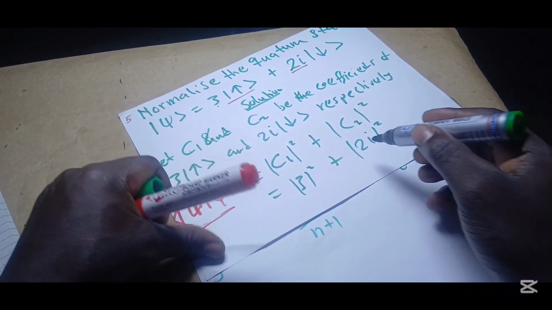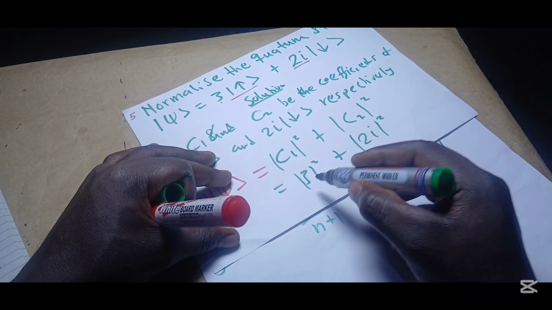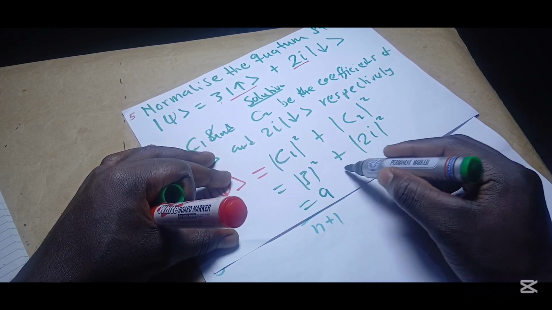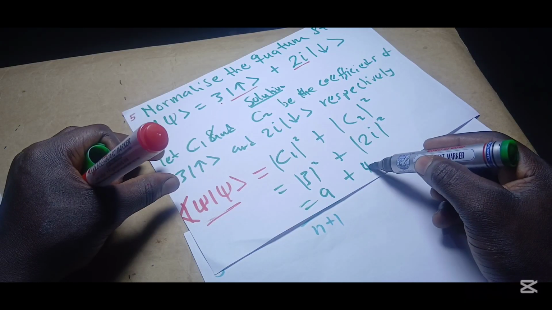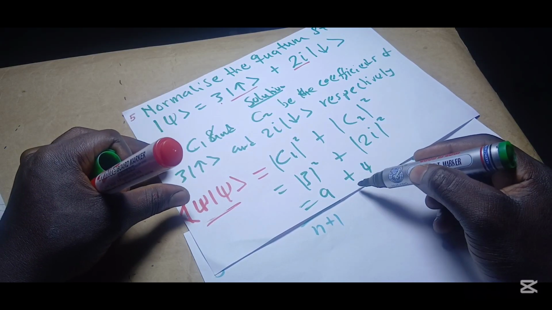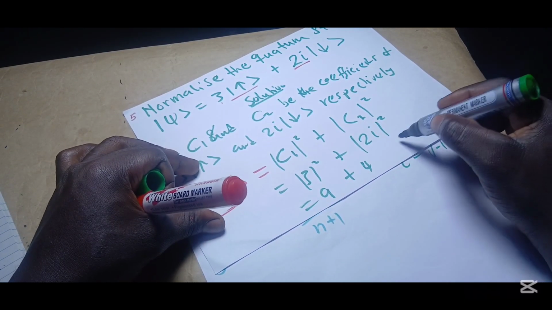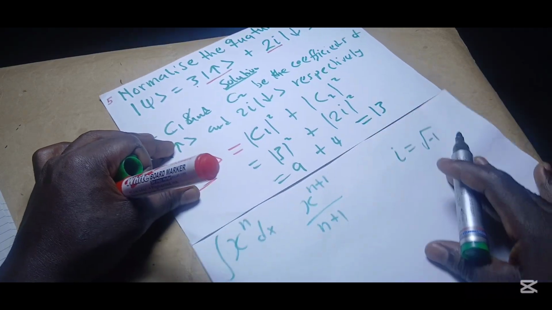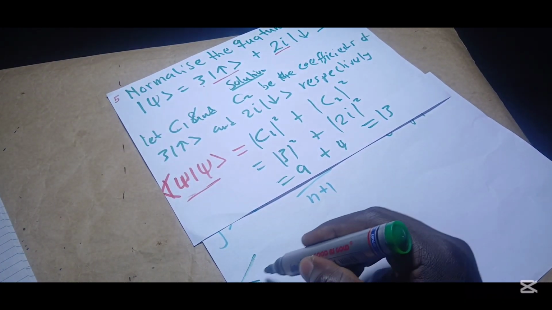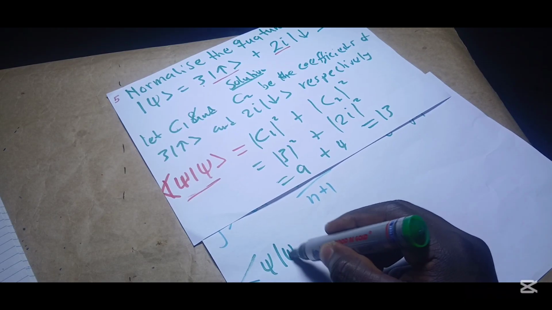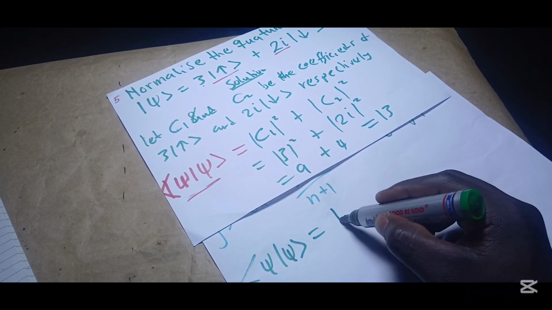So we can just focus on the numerical part. This will give us 9 and this will give us 4. So in total, 4 plus 9 gives us 13. Now that we know our norm, it is equal to 13.